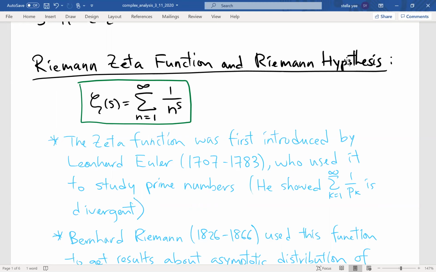You have to be adding infinitely many things. But also it says something about the distribution of primes as well. If prime numbers are super rare, the sum of 1 over primes might converge because primes might get big very quickly. But if it's divergent, that means there are, in some sense, a lot of prime numbers out there.